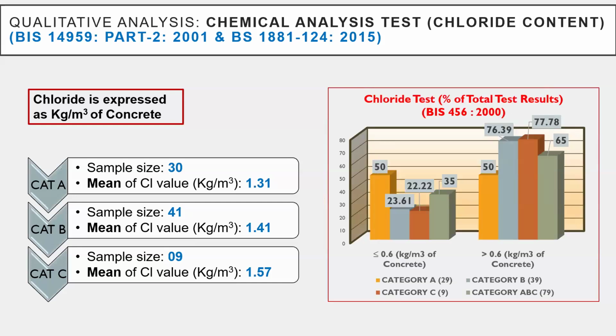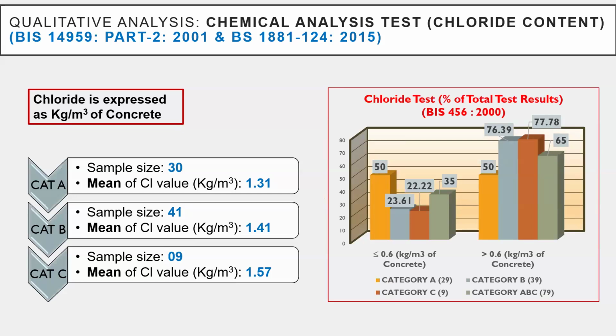Then we carried out this qualitative analysis for chemical analysis, that is chloride content in the in situ concrete. Chloride is expressed as kg per meter cubed of the concrete. For category A, B, C buildings, the sample sizes were 30, 41, and 9, and mean value is 1.31 kg per meter cube, means about 1.4 kg per meter cube we have got.